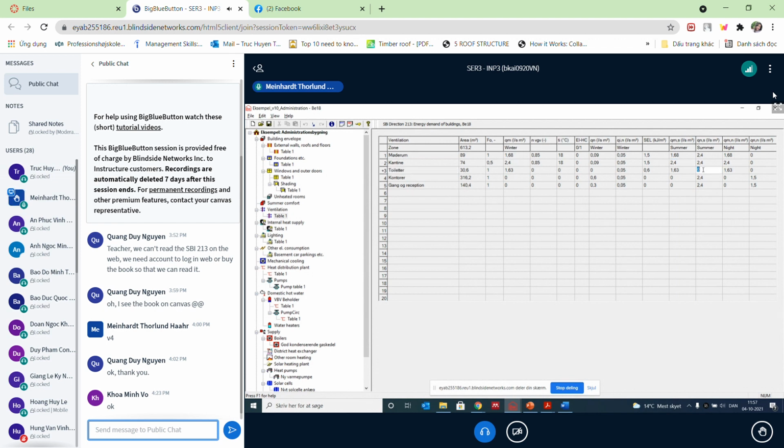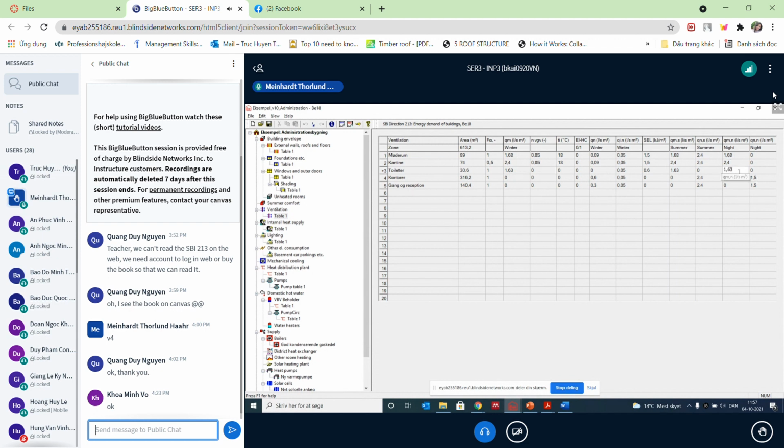If you look at the toilet, there's no natural ventilation besides the infiltration. But you can also see that this number is constant and it's always running. So these toilets have a constant extraction system, but no inlet system, because there's mechanical ventilation but no heat recovery, meaning it's only extracted air.